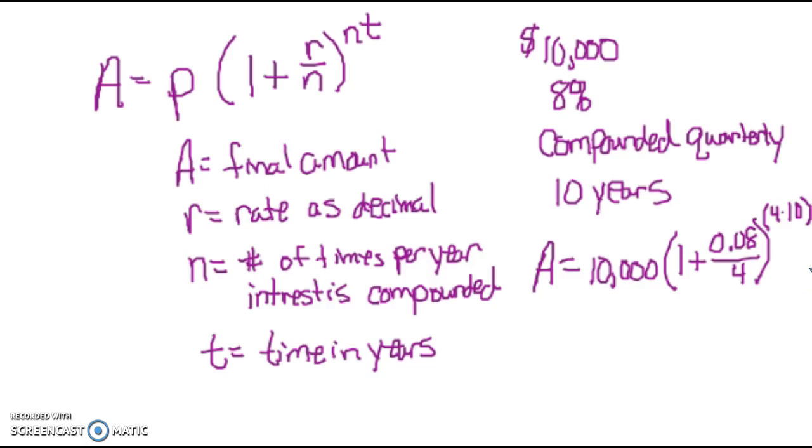So we're actually raising to what power, ladies and gentlemen? 40. Did you get $22,080 and 40 cents? All right, I'm coming around. I want to see it on everybody's calculator.